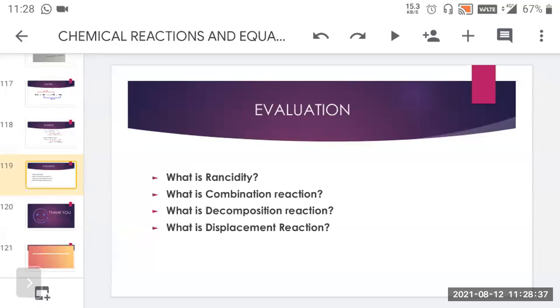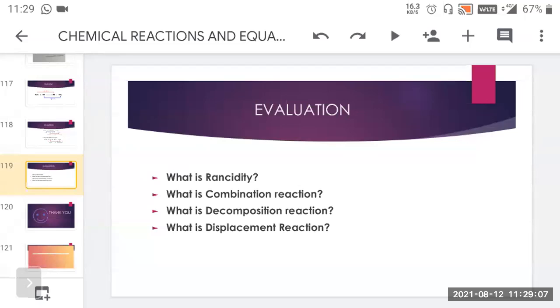Then what is a decomposition reaction? Decomposition reaction is totally opposite of the combination reaction. Here one reactant will be there and it will break down into 2 or more products. Then comes the displacement reaction. Displacement means a replacement reaction. It is also of 2 types, single and double. In single displacement, we have to consider the reactivity series where a metal will replace a metal and a non-metal will replace a non-metal.